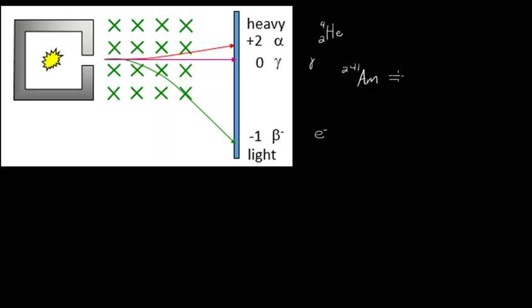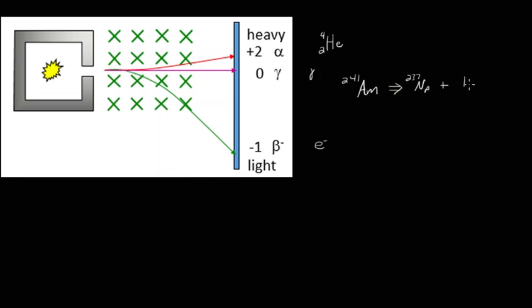Americium will decay into neptunium, which is itself pretty radioactive, 237 nucleons. And by doing that, it emits a helium nucleus, an alpha particle.